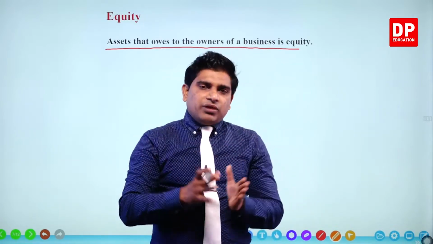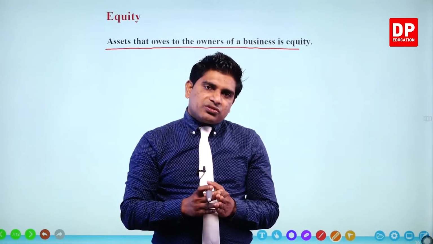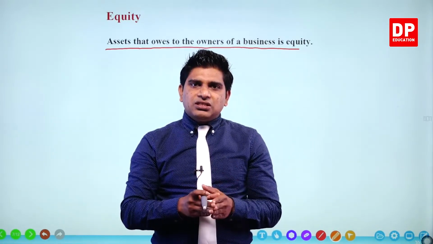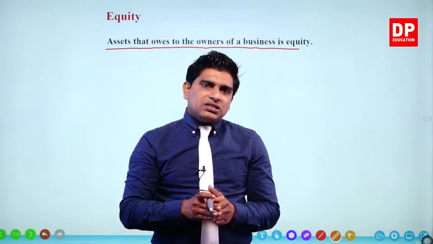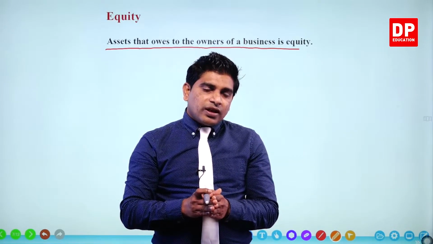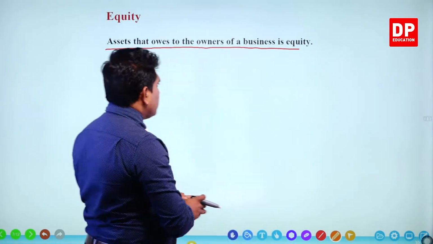Actually, some of them you have purchased on credit basis. You can see them inside your business and you can use them. But the problem is this, that is not owed to you. Right? It's a liability. Remember this thing.